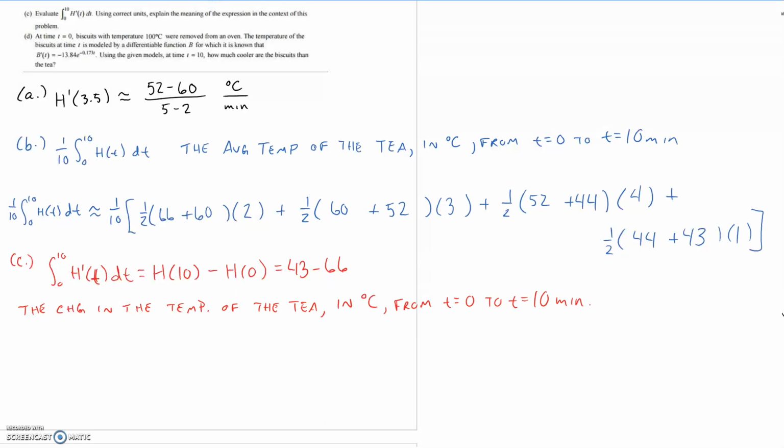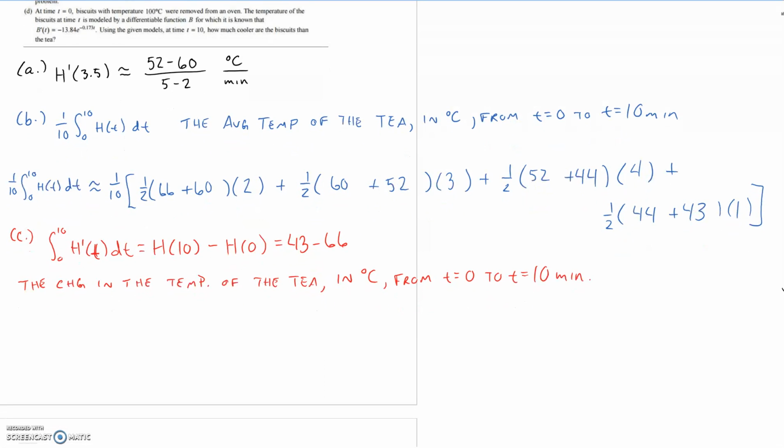And then part D. At t equals 0, the biscuits, so now introducing biscuits into this problem, have a temperature of 100 degrees Celsius. The rate of change of the temperature is b prime of t, given by this function. It says, at time t equals 10, how much cooler are the biscuits than the tea?